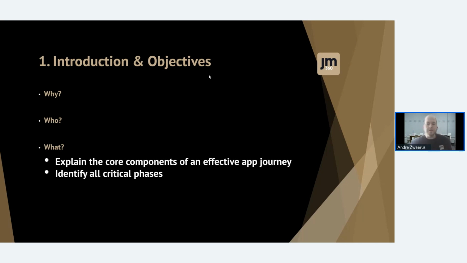Then we are going to identify all the critical phases and walk through them both from a feature and a strategy standpoint. And then finally, we're going to showcase all the features that we have in the JMango platform, as well as additional add-ons that we offer for your consideration.